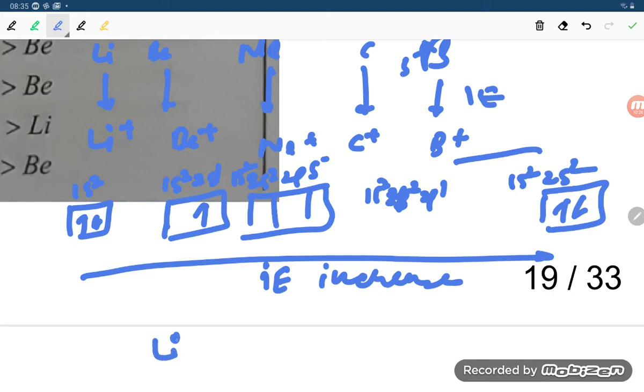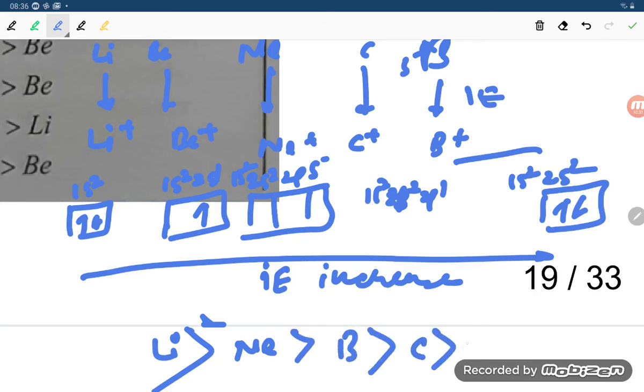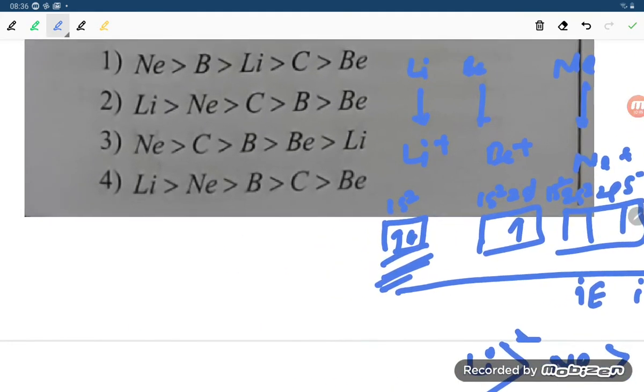So the highest will be lithium, and then neon, because it increases left to right. Then boron, then carbon, and then beryllium. So the order is lithium, neon, boron, carbon, beryllium.